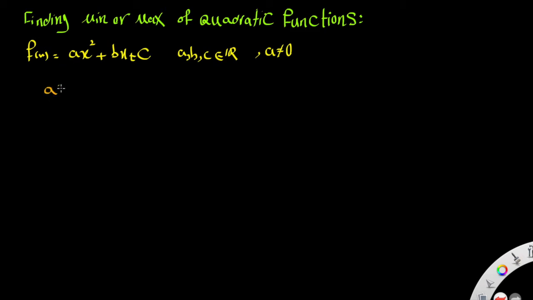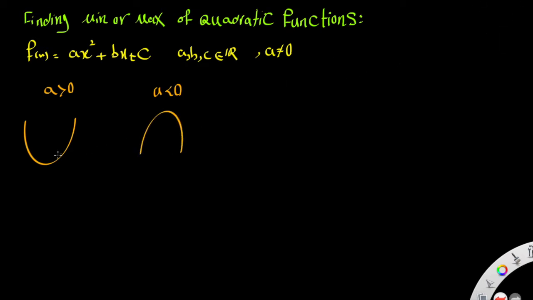So if a is positive and if a is negative, the orientation will change. If a is positive, it will be a function which bends upwards. If a is negative, it's a function bending downwards.